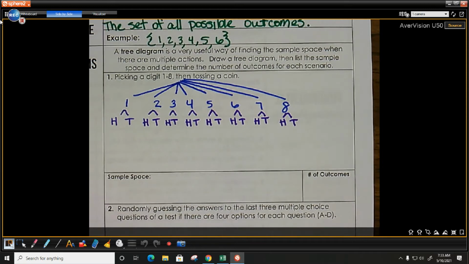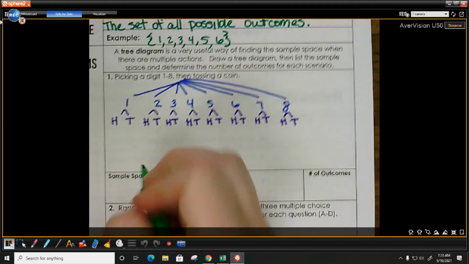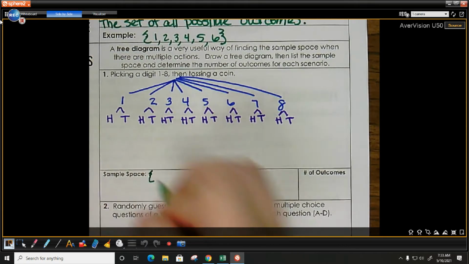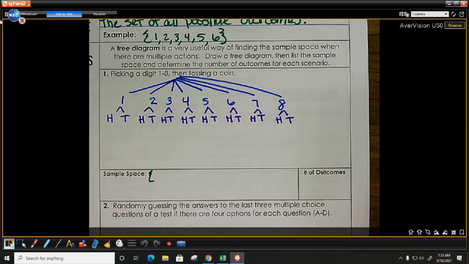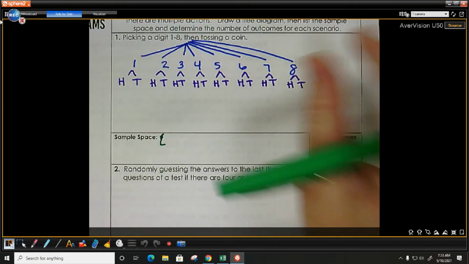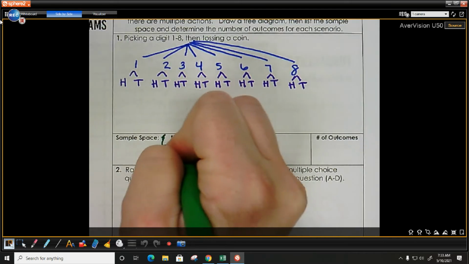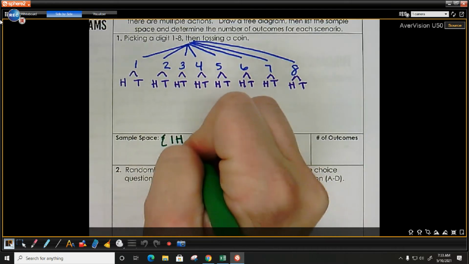So then we are going to do our sample space. Remember sample space, do your curly bracket. Yes, 1H and 1T.